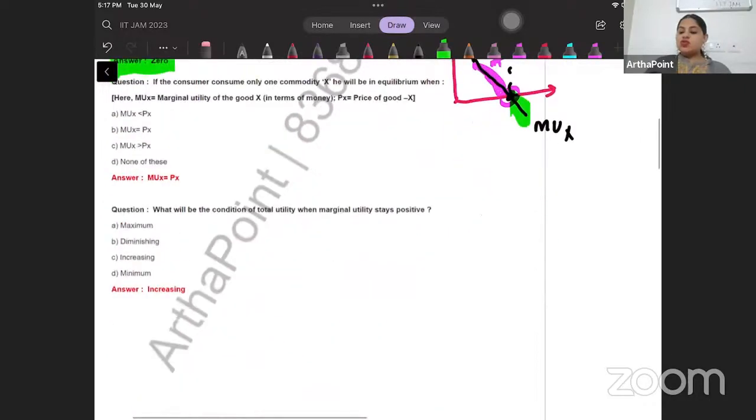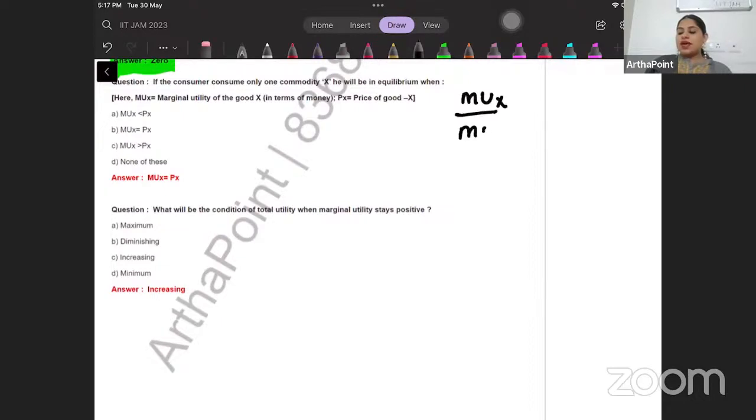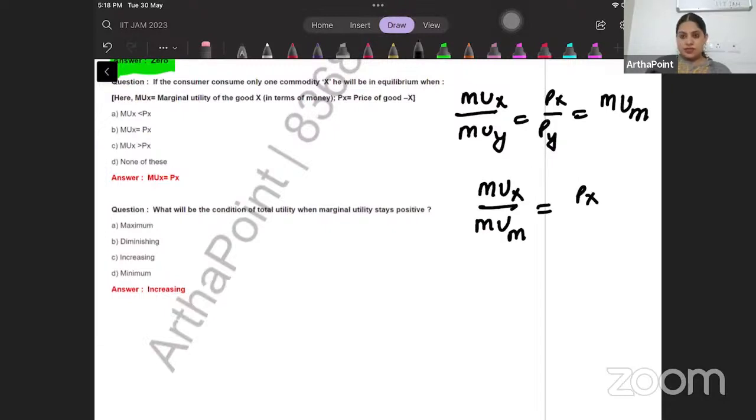If a consumer consumes only one commodity X, he will be in equilibrium when? So beta, when you consume two commodities, the condition is MUX by MUY is equal to PX by PY. Actually, books will write equal to MUM also. When there is a single commodity, some books will write like this: MUX by MUM is equal to PX. Right? But here there is no talk of MUM, they're not talking about marginal utility of income.